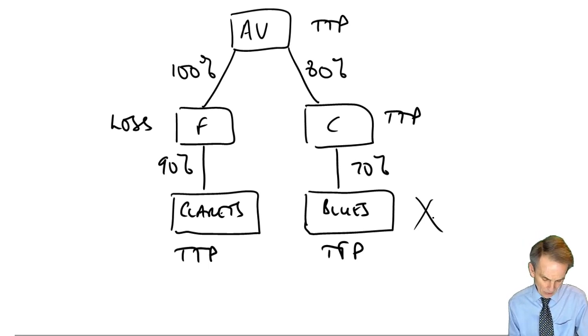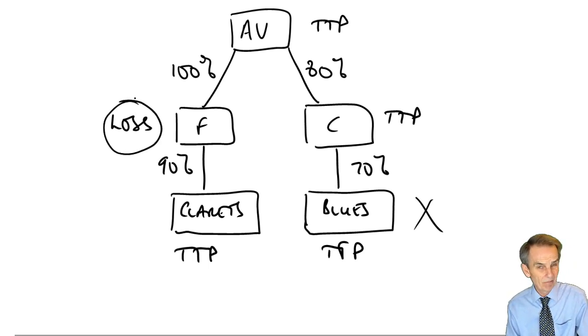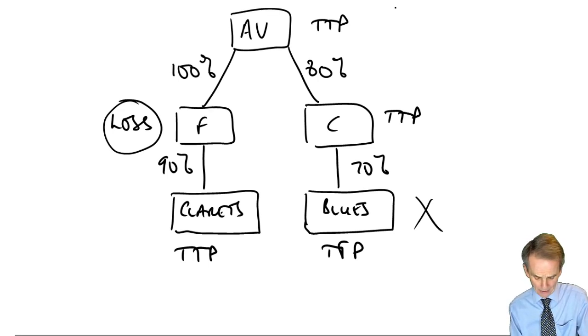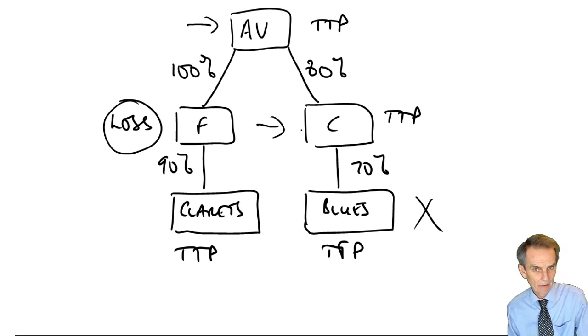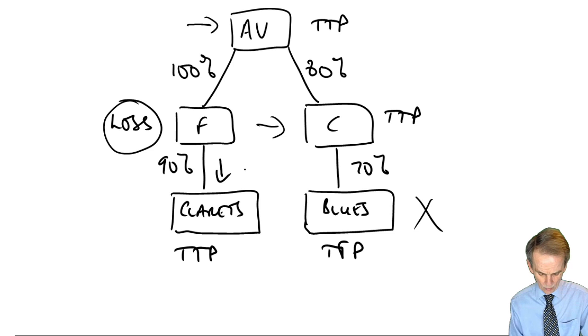But it would mean that we could take any part of a trading loss, and it usually is that one, we'll stick with that for the moment, any part of that trading loss made by company F, and choose to set it against the taxable total profits of the claimant companies that could be any of those other three possibilities. We could take the loss from F up to its parent company AV, across to its co-subsidiary, fellow subsidiary here, company C, or down to Clarets.